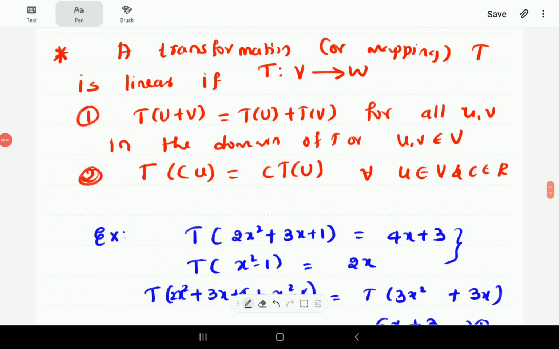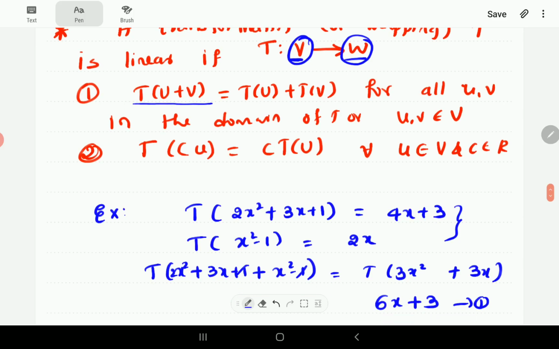Now let us try to understand this definition of linear transformation with the help of an example. As I told you, when I say it's a transformation, there is a domain and a codomain. You take any element here, it has to transform to some element in W. In this case, let me take an example of the differentiation function.